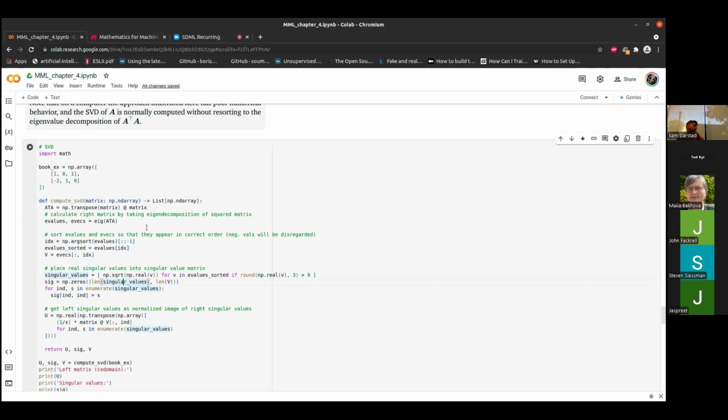You place the eigenvalues as the singular values into the matrix.